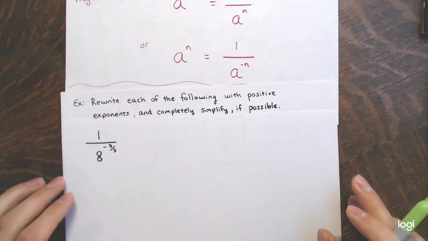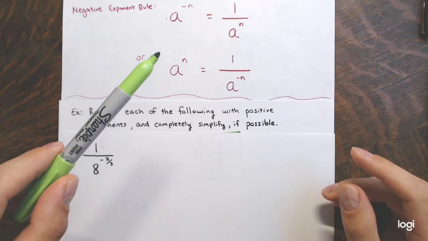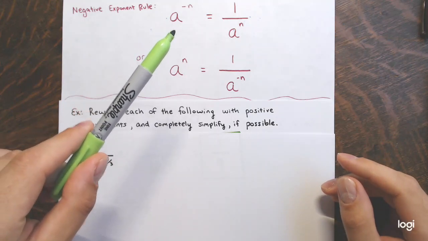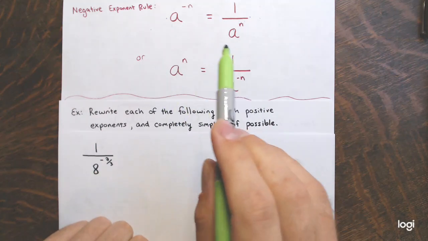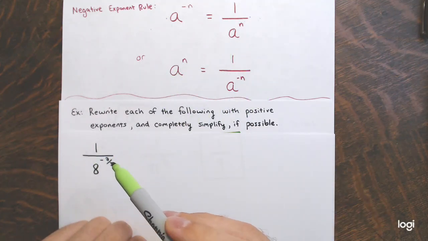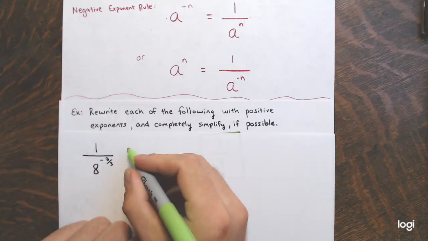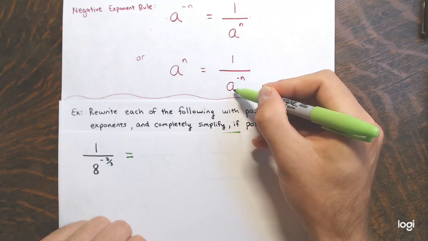Same thing here. This time though, see how my negative power is not in the numerator like it was on this side, but it's in the denominator? So I'm using this rule here. I have 1 divided by 8 to the negative 2/3. Well, that's like this side of this rule, 1 divided by 8 to the negative 2/3.